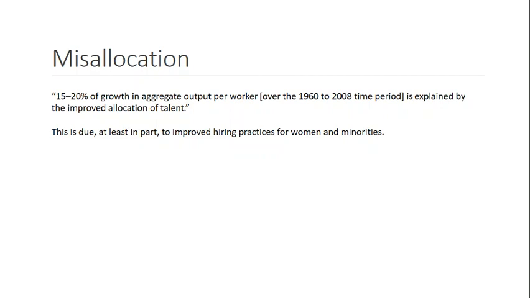We have these people who could be perfectly capable lawyers or doctors or whatever it is, and they're just not being utilized. And so we're doing less and less of that. It's obviously not fixed, but as we get better and better at actually hiring the people who can do the jobs best, it produces more productivity.